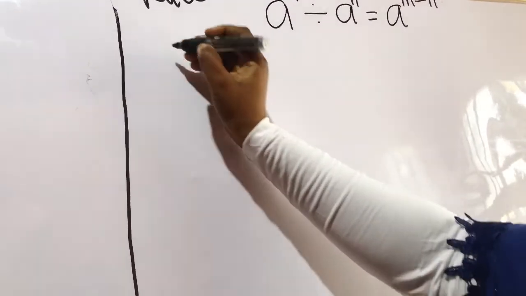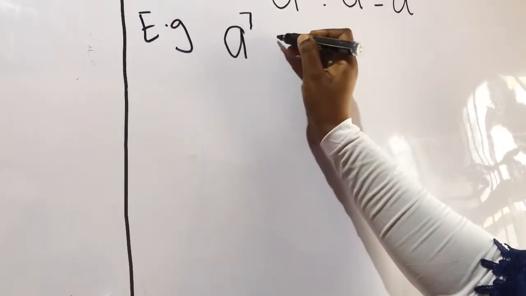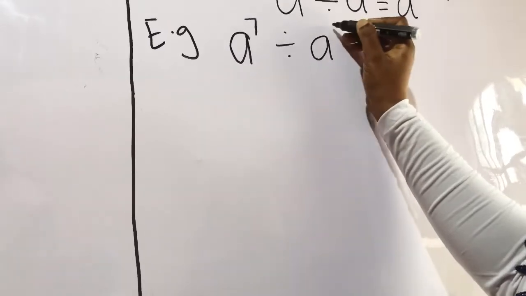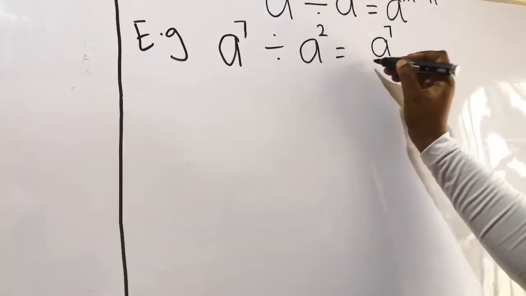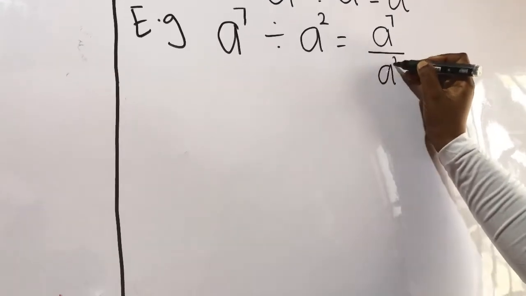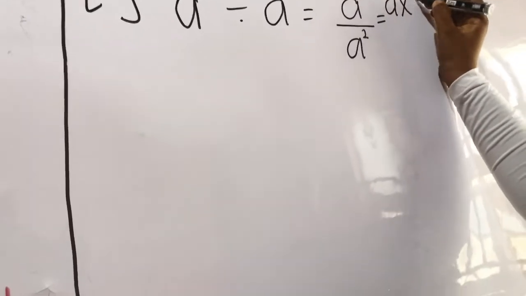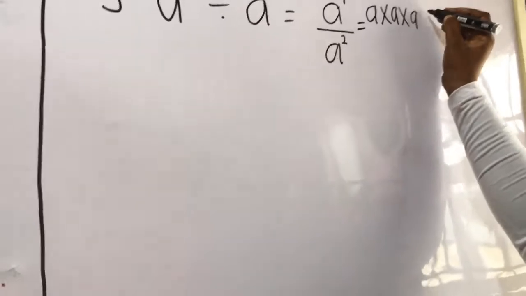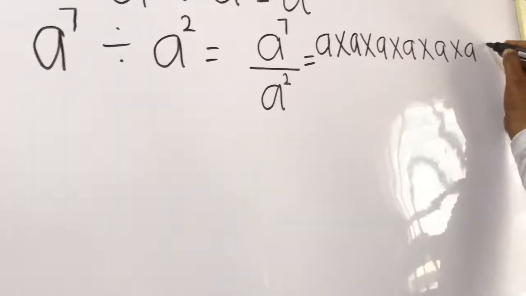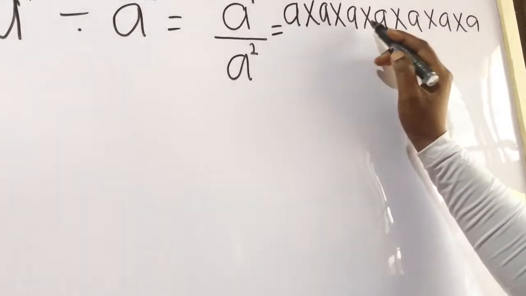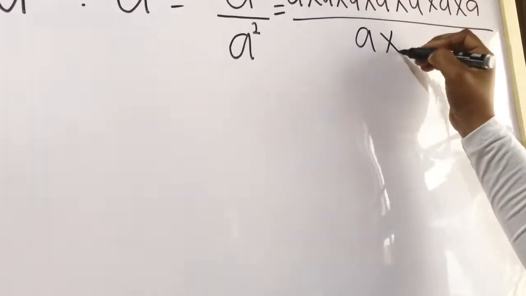Now, for example, if we have a raised to the power of 7 divided by a raised to the power of 2, it's the same thing as a in 7 places, a multiplied by a multiplied by a multiplied by a multiplied by a multiplied by a multiplied by a, 1, 2, 3, 4, 5, 6, 7, divided by a multiplied by a.